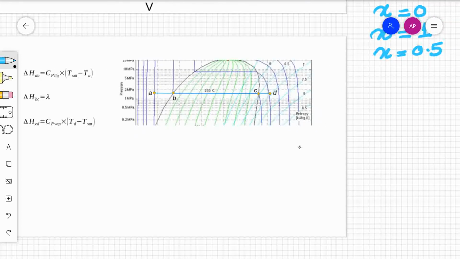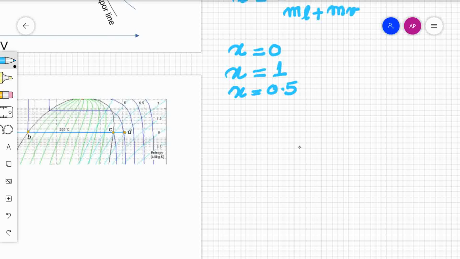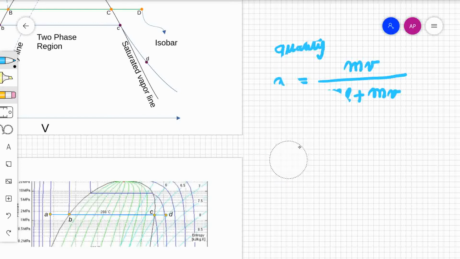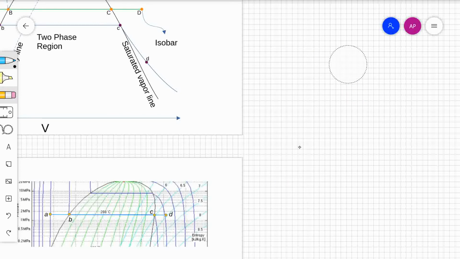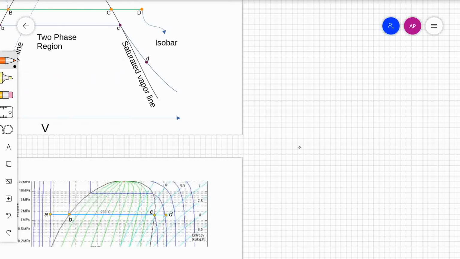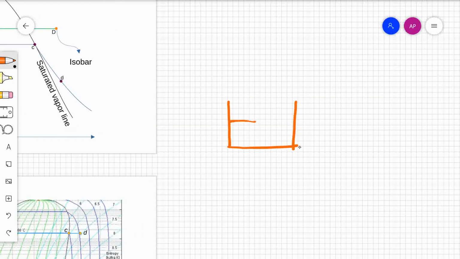Now I'll come to the subject of boiling. What we colloquially talk about as boiling, and what is boiling in engineering. Let's take a vessel and let's take liquid in this.